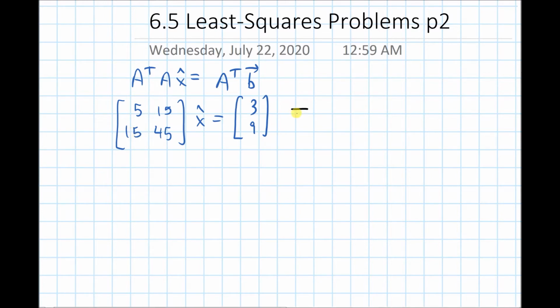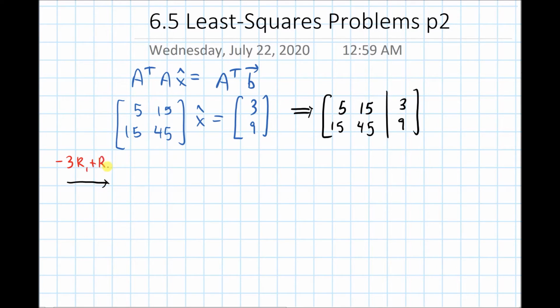The augmented matrix for this would be 5, 15, 15, 45, augmented with 3, 9. Now we can do this by row reduction. We multiply the first row by -3 and add that to row 2, inserting it into row 2.